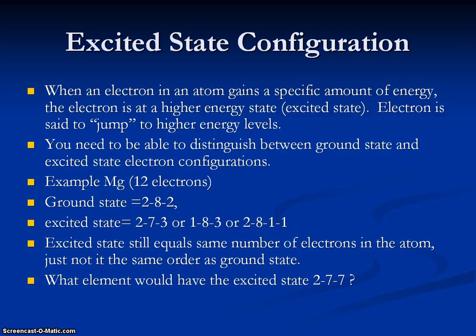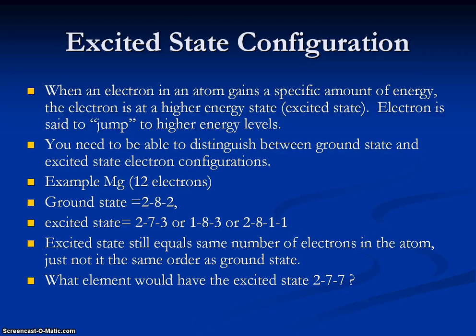Excited state still equals the same number of electrons in the atom, just not in the same order as the ground state. So in the 2-7-3, one of the electrons from the second level jumped to the third. In the 1-8-3 combination, one of the electrons from the first energy level jumped to the third. In the 2-8-1-1 combo, one electron from the third jumped to the fourth. Okay, so excited state, same number of electrons, it's just out of order.